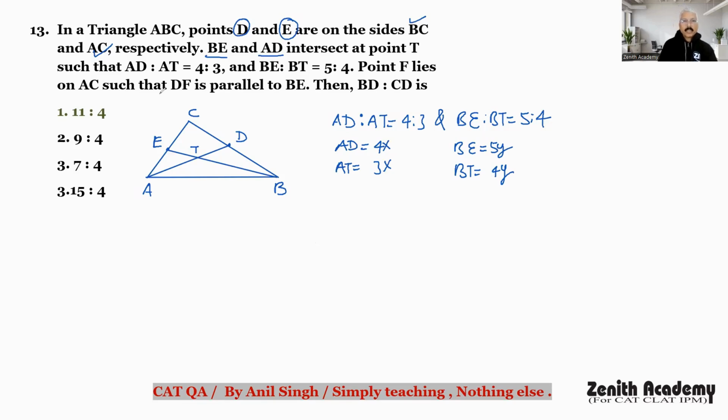Point F lies on AC such that DF is parallel to BE. So look here, we have to find BD is to CD. This is to be found out.